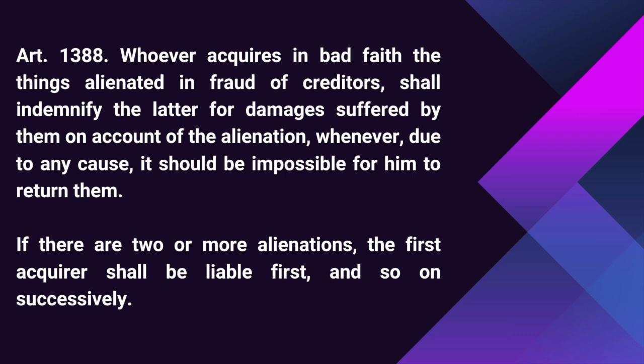If the third person also can no longer return, it is impossible for him to return, then he is liable for damages. And it says there, second paragraph, if there are two or more alienations, the first acquirer shall be liable first, and so on successively.